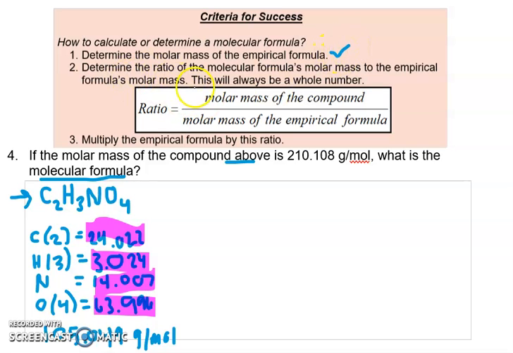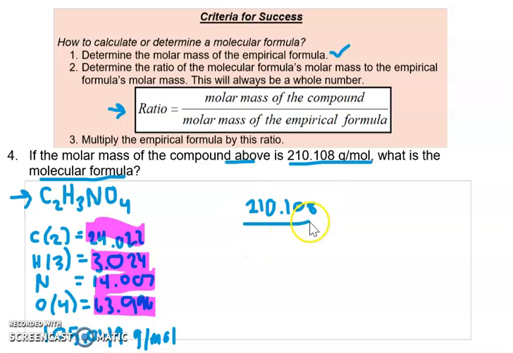Check. Determine the ratio of the molecular formula's molar mass to the empirical formula's molar mass. So I need to use this equation. The molar mass of my compound, which they give me in this problem, is right here. This is the sample that they have. So 210.108.